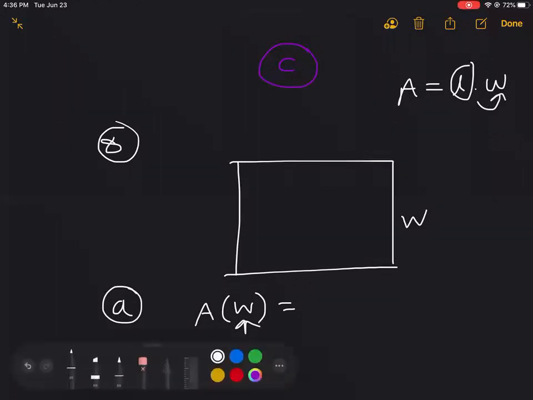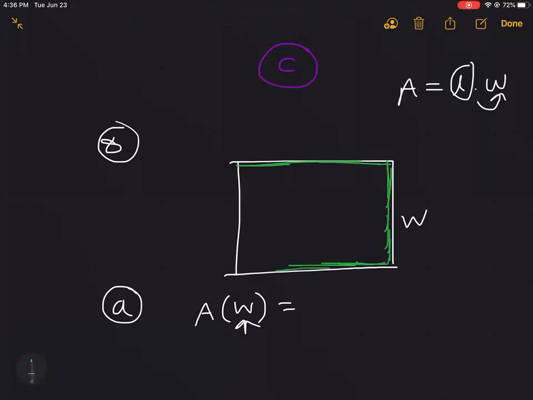The question says, David already has a fencing, let's say like this, because we only do fencing on the sides, not inside. Only on the sides, only on the green shaded region. That means only in length and width, right?